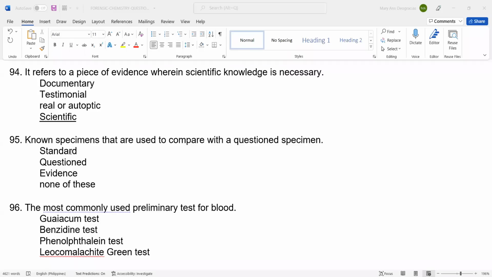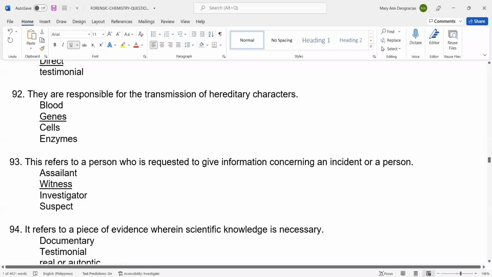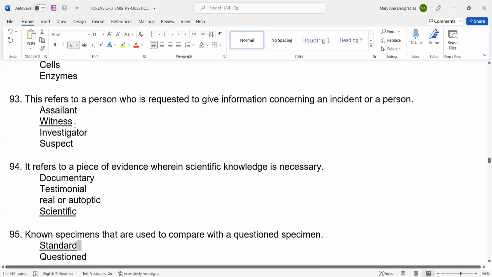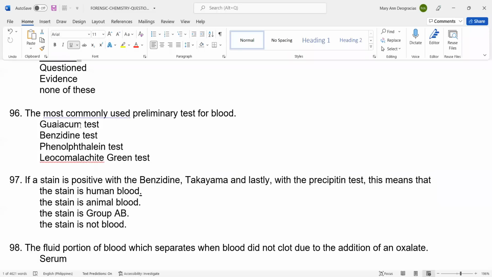May nagtatanong na number 92. Your 92 is genes. Okay. The most commonly used preliminary test for blood. Ano yung unang-unang preliminary test for blood natin?